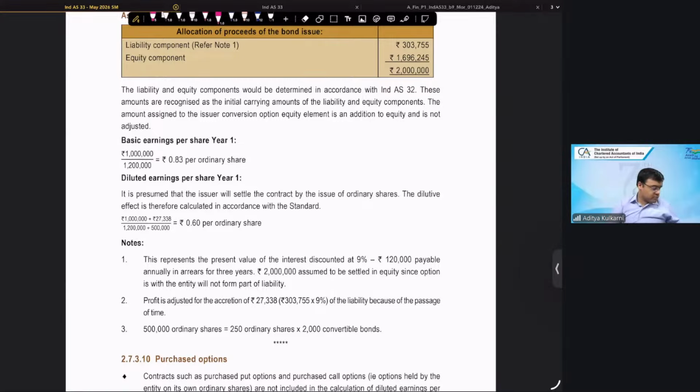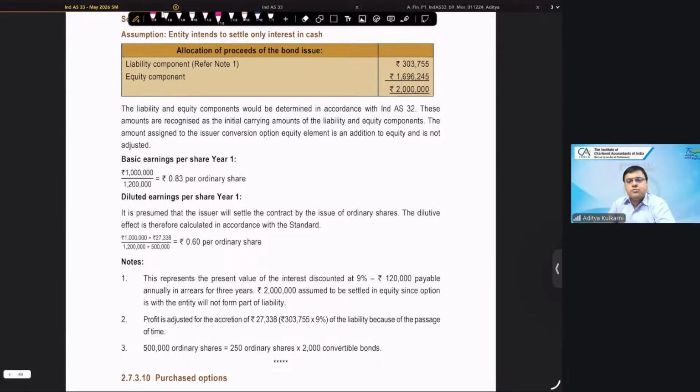When you did that liability based accounting, you would typically determine, using the rates given, what is the liability component and what is the equity component.